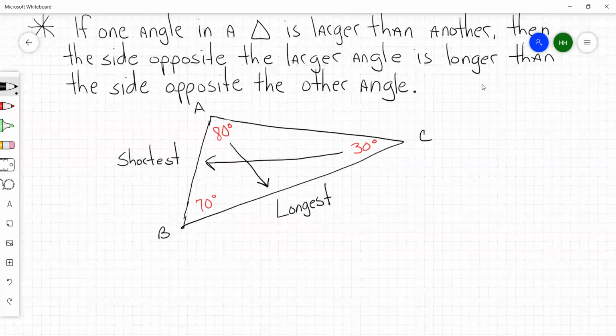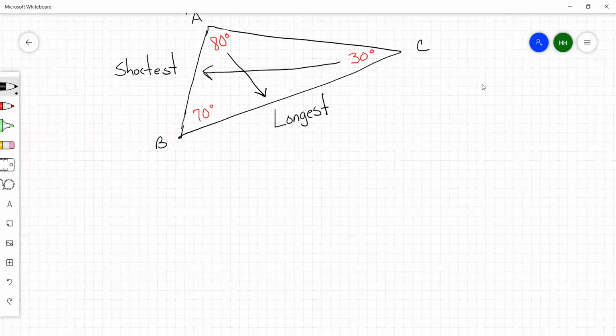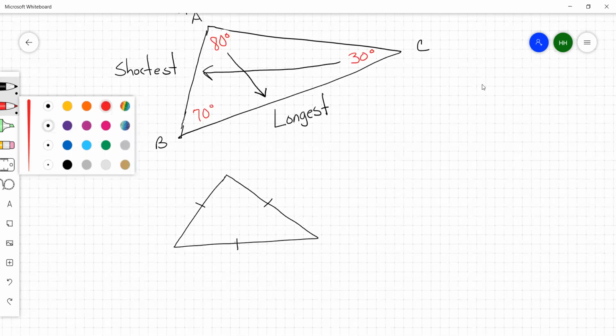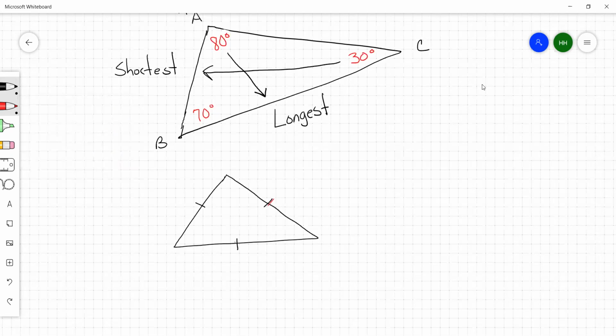That's why in a triangle, we talked about it last week, if all the sides of the triangle are the same, can you order the angles by their size, by their measure?